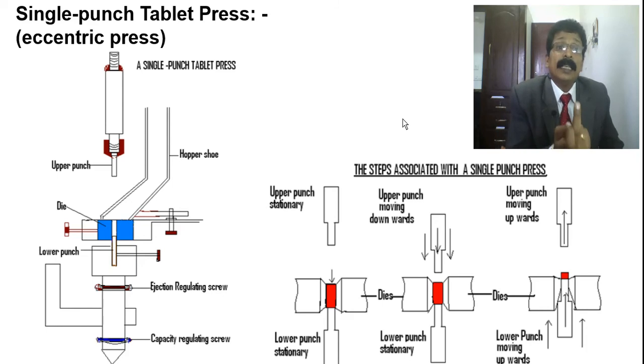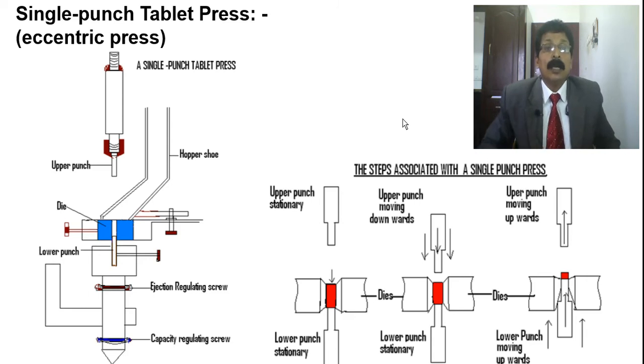Inside there you can see a punch, the lower punch, which has a screw knob also, and below that there is an ejection regulating screw. It will eject the tablet outside after compression.